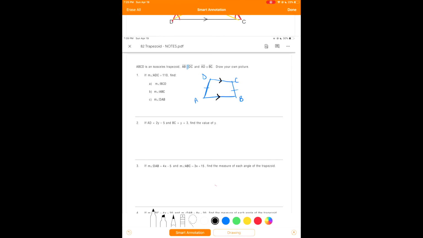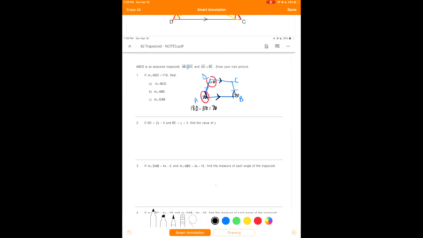So it says angle ADC equals 110, and they want me to find the other three angles. So remember, my base angles are always going to be congruent here. So here are my base angles. So I know that those two angles have to be the same. Also, I know that D and A have to add up to 180. So that means that A is going to be 180 minus 110, which is 70. And I know that B has to be the same as A, so that's also going to be 70.